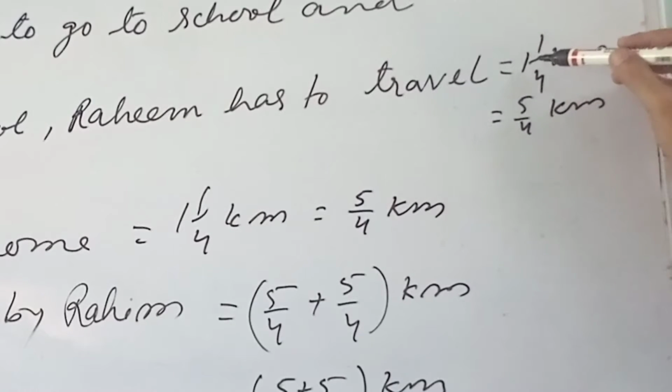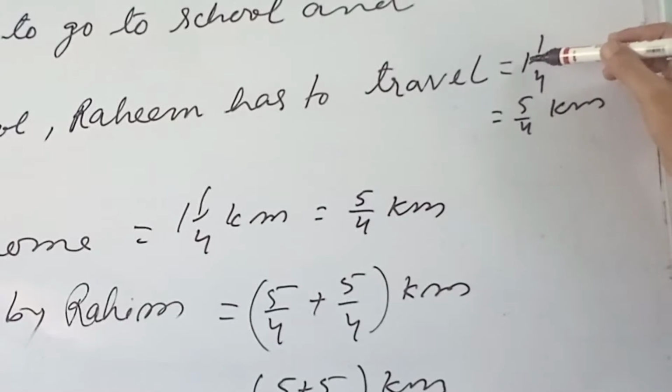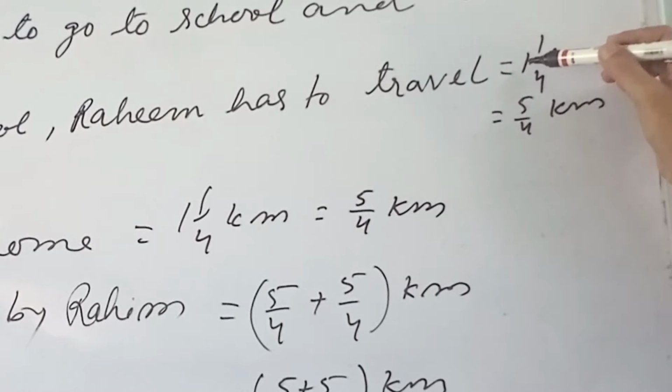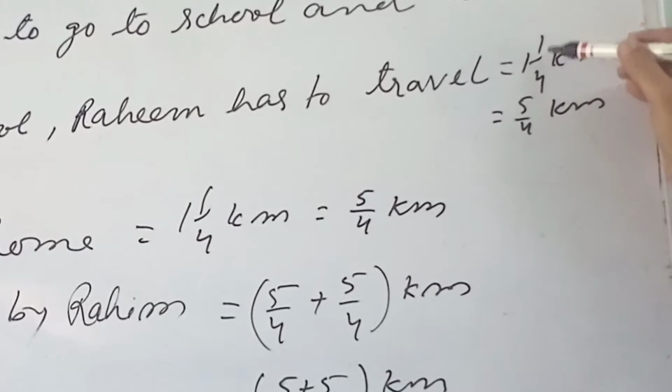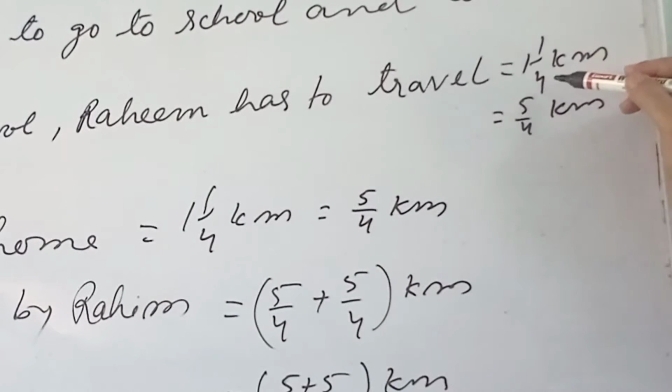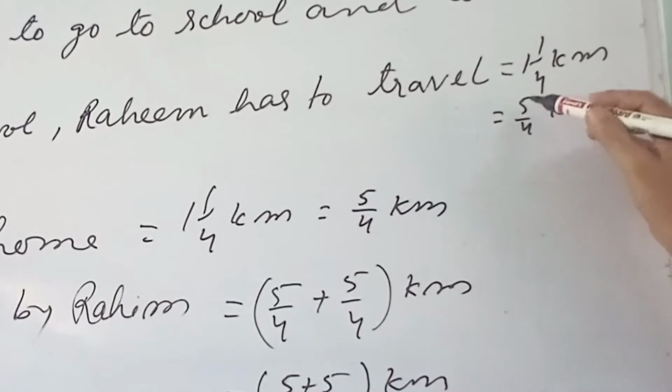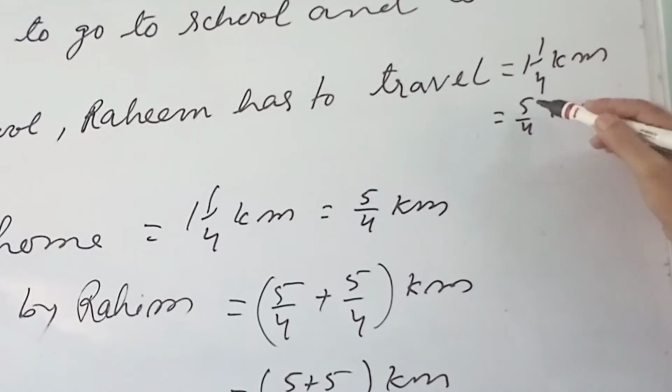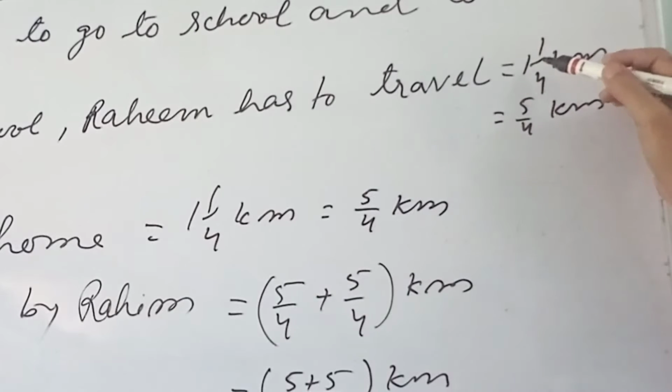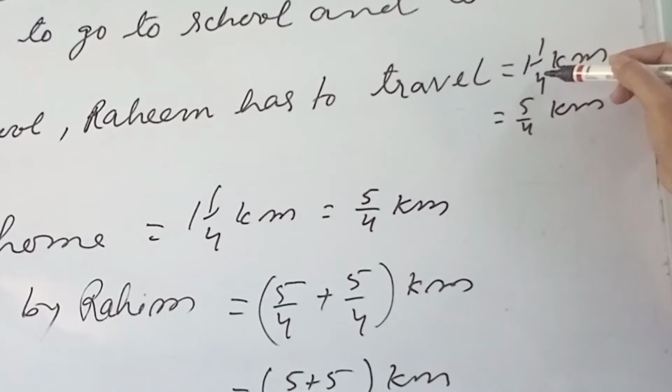A mixed number is a combination of a whole number and a fraction, 1/4. So how did I get this 5/4 here?